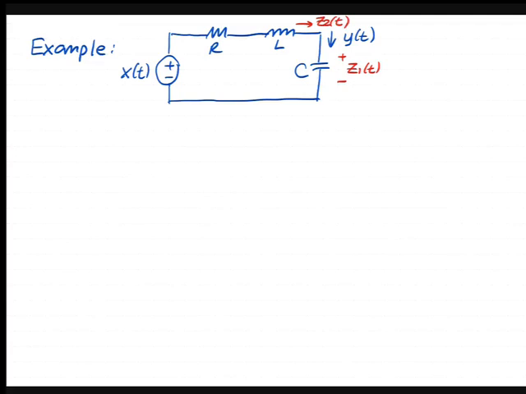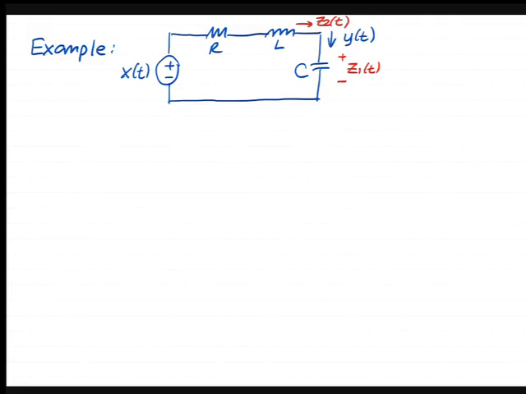Okay, so then we want to write differential equations for z1 and z2. We know how to write those because there are only two principles here. Capacitance times the derivative of the voltage is the current. Inductance times the derivative of the current is the voltage across the inductor, right? So these two principles are enough for writing differential equations for z1 and z2, and then they need to be related through KVL and KCL types of arguments.